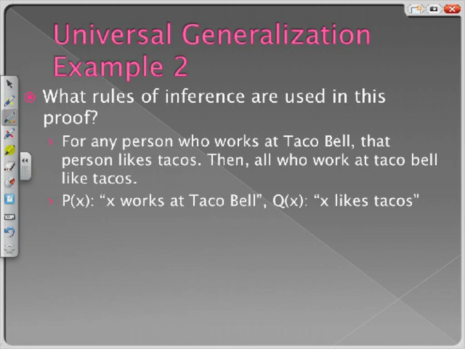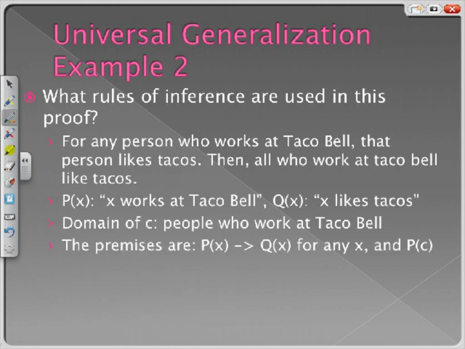If P of x denotes x works at Taco Bell, and Q of x denotes x likes tacos, and the domain of c are people who work at Taco Bell, then our premises are: if P of x, then Q of x for any x, and we use this domain c of all people who work at Taco Bell, which will make P of x true. So we have this second premise, P of c is always true.